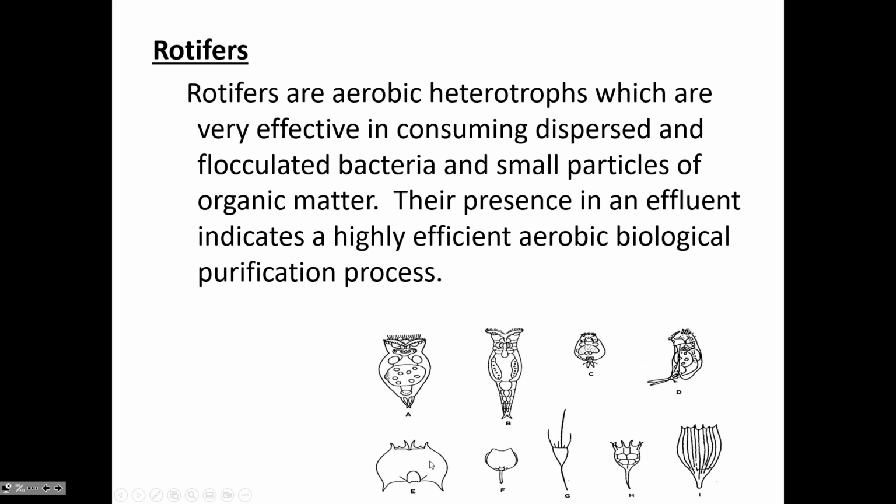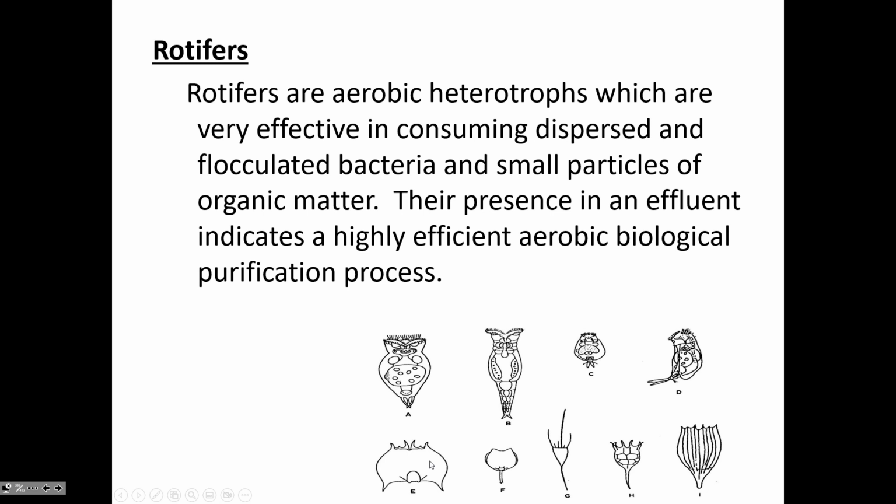But there's also fixed growth, where instead of having the bacteria floating around in a tank, we provide an environment for the bacteria to attach to either rock or plastic pellets or some sort of fixed media, and then we spray wastewater over that media, and so it's sometimes called a trickling filter.